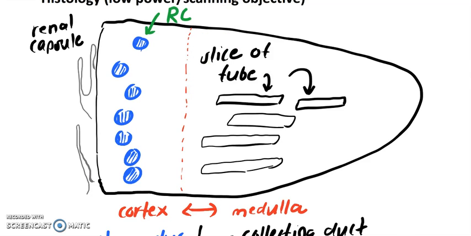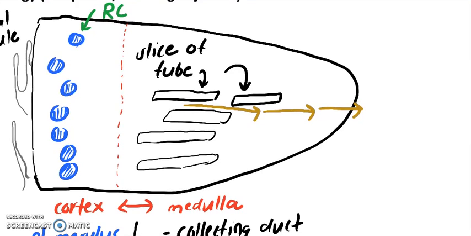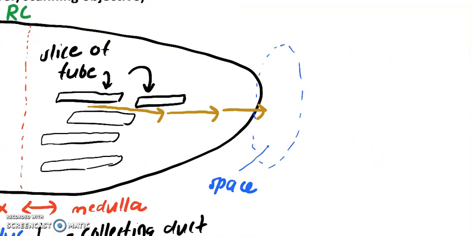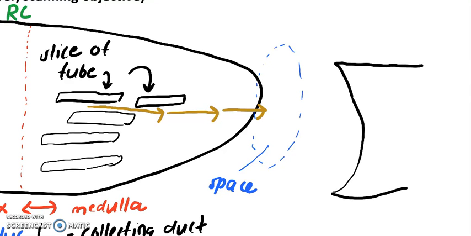We're going to have urine production going down this way, this way, this way, all the way down to the tip. There is a little empty region, no tissue here. This is an actual space. And then we will have our minor calyx, ready to capture this filtrate.